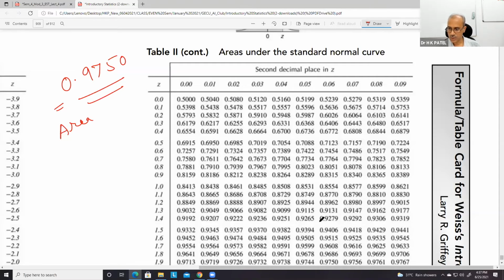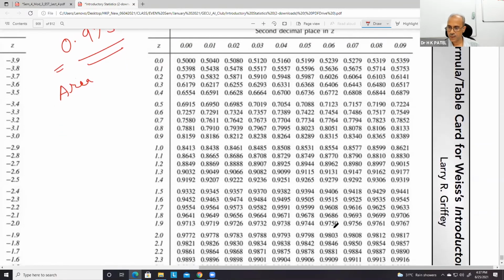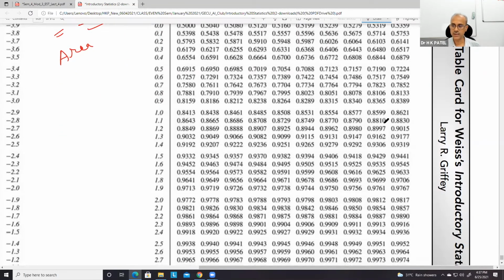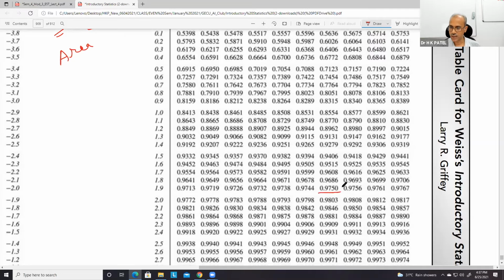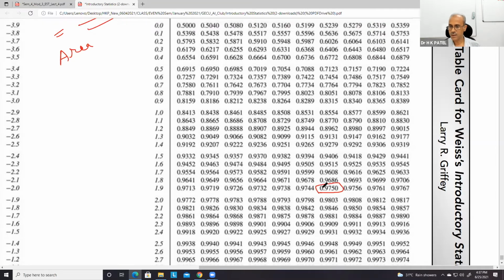You can see 0.92, 0.93, 0.94, 0.96, and 0.975, exactly this value is there. I hope it is visible. Now corresponding to this, what is the value?